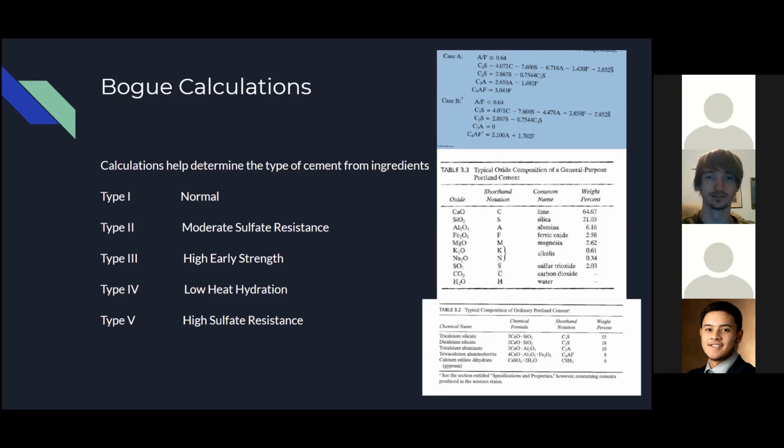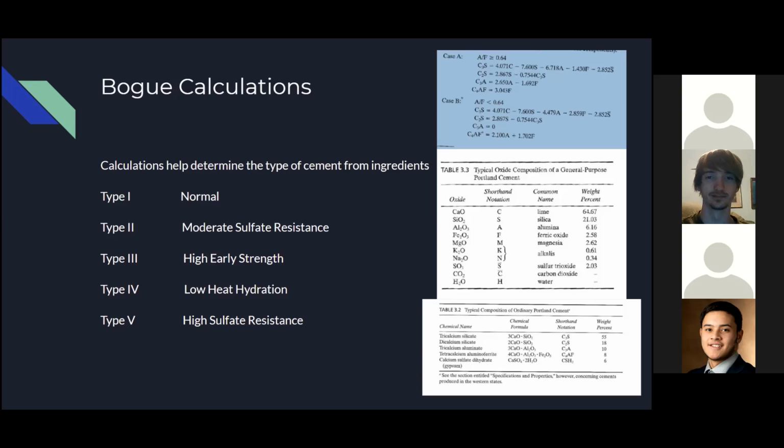The normal Portland cement is type 1, which, as I said, is the standard cement that you see everywhere. But type 2 is highly resistant to sulfates, which is used in, I believe, dams and other structures that need high sulfate resistance.